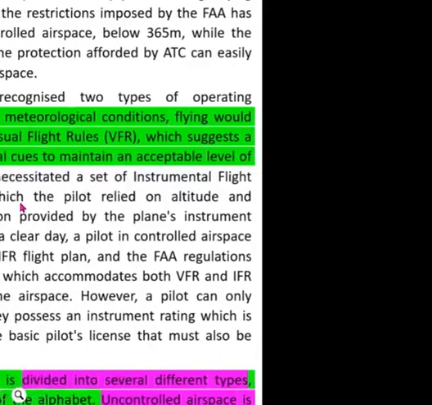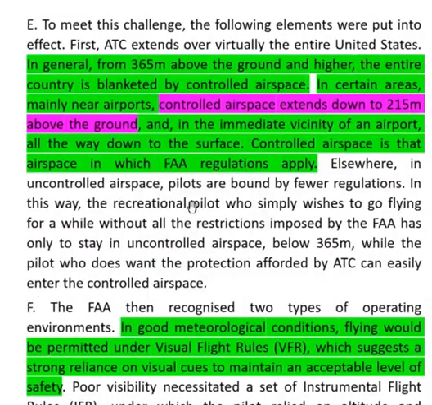We go to paragraph E. Here is paragraph E. Very good. We're going to read the highlighted area of the paragraph. In general, from 365 meters above the ground and higher, the entire country is blanketed by controlled airspace.